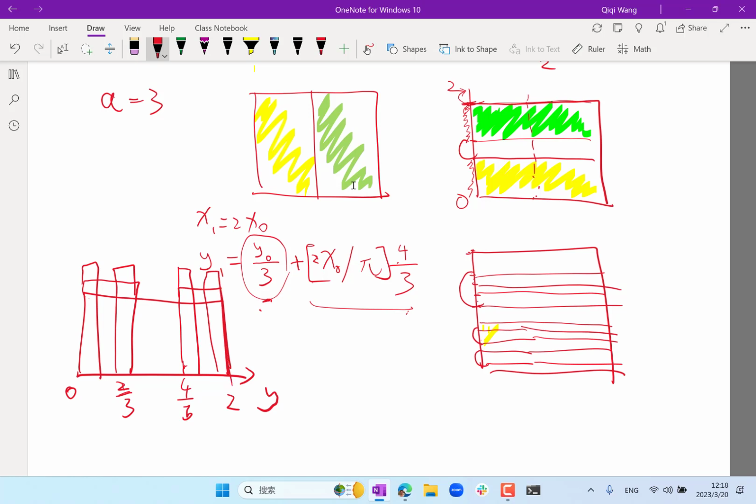After 3 iterations, each one of these again gets a finer structure. So can somebody tell me, after many iterations, what kind of set do I get for the distribution of y? It's not going to be uniform, right?